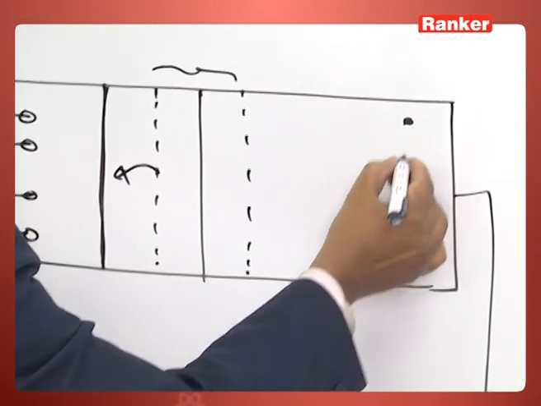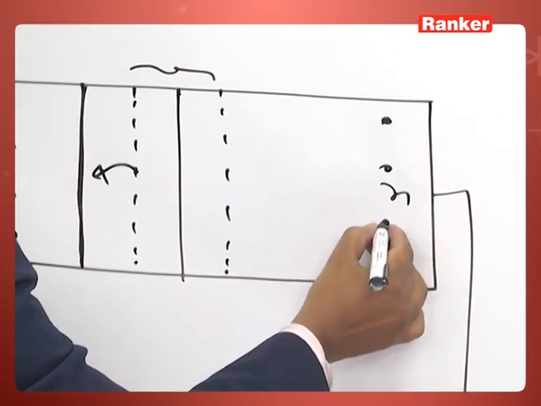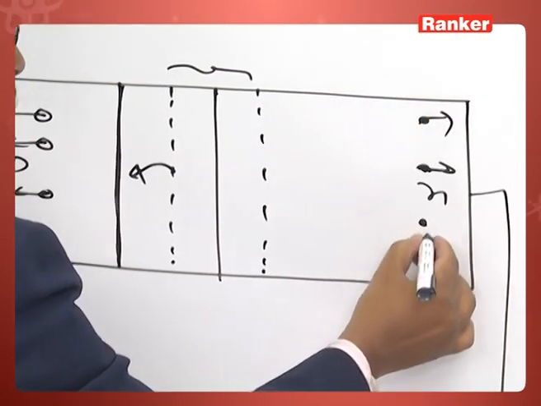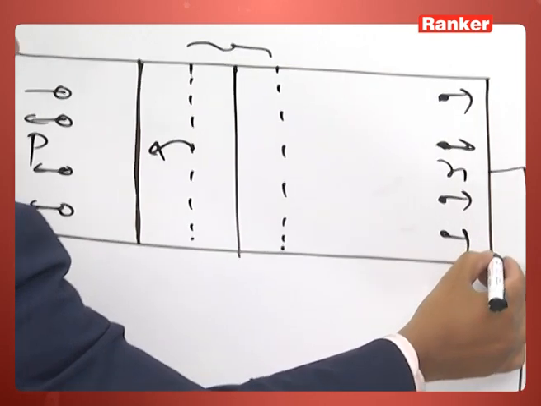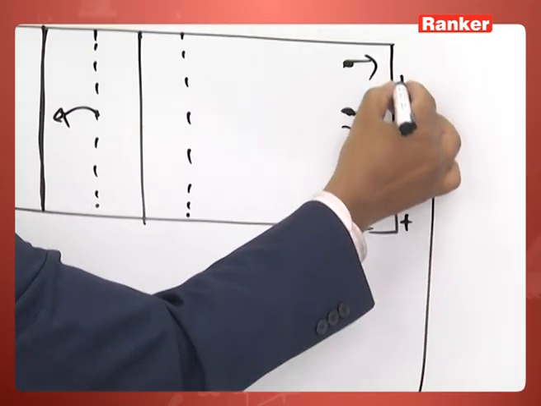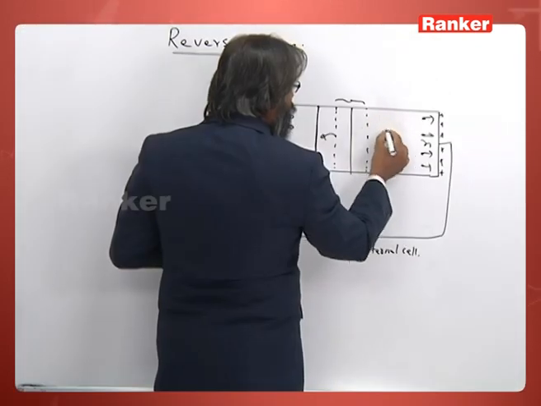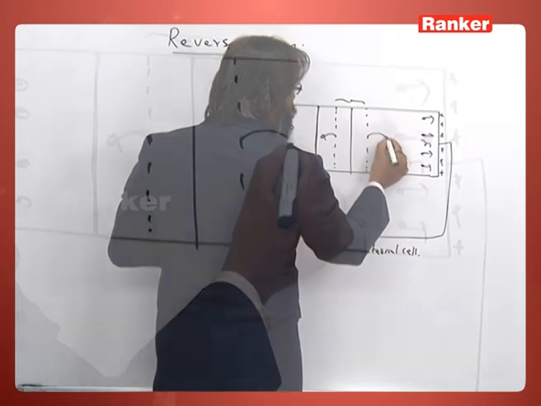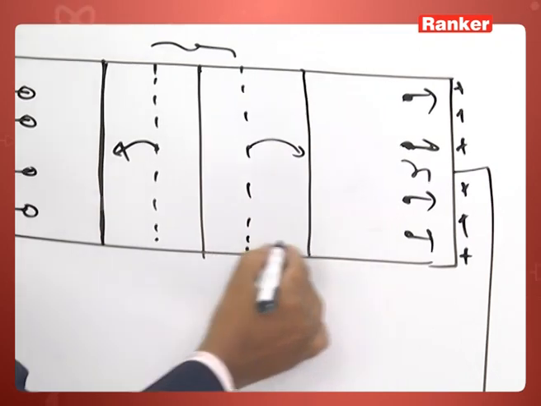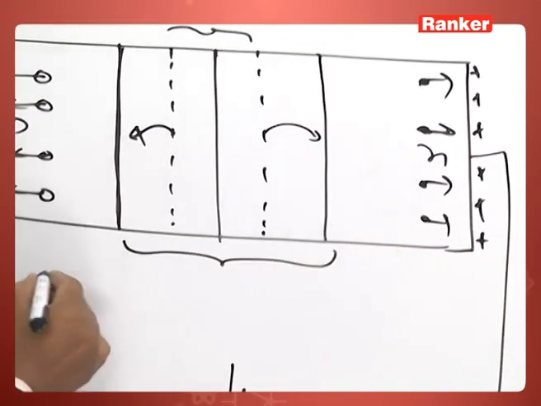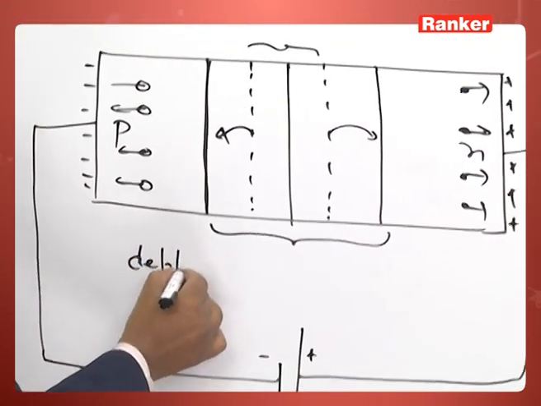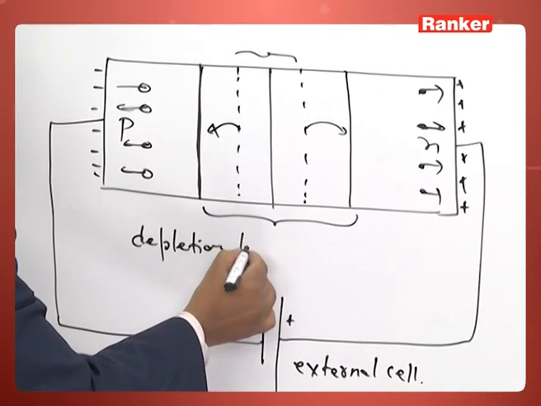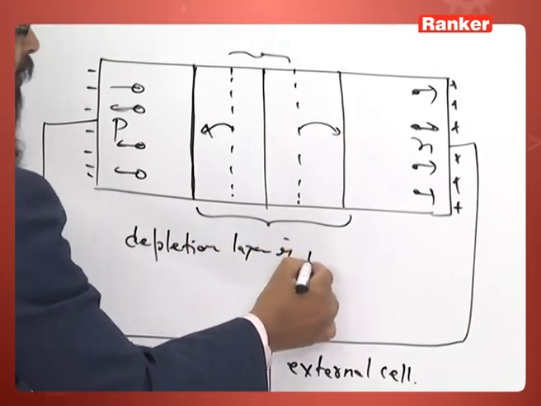Similarly, the electrons are pulled towards this side by the positive potential of the terminal, so this junction side shifts to this location. So, the depletion layer here increases. Thus, you see the depletion layer is increased.